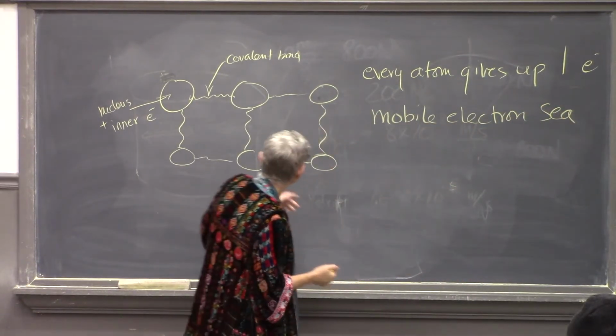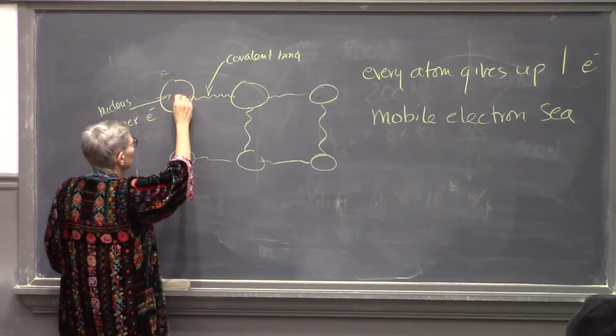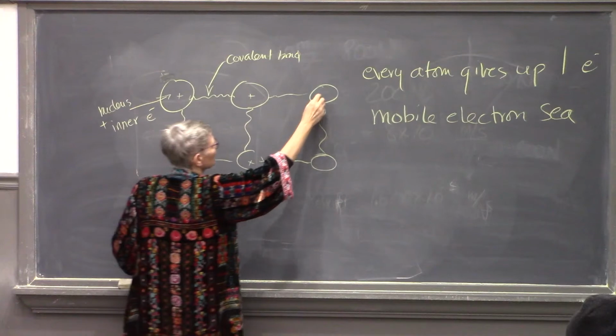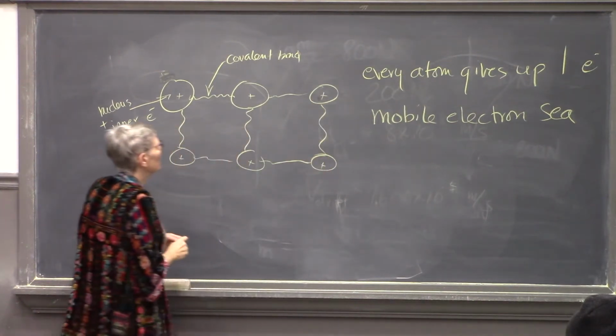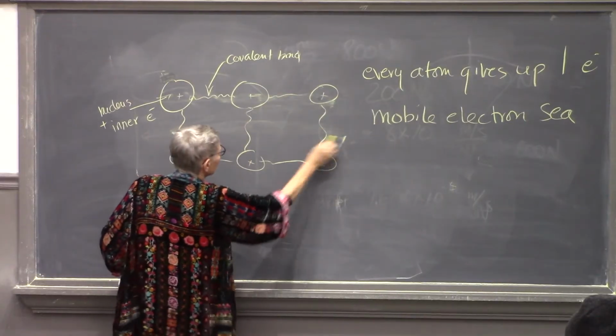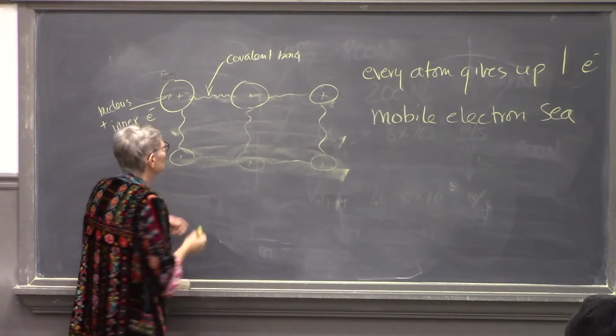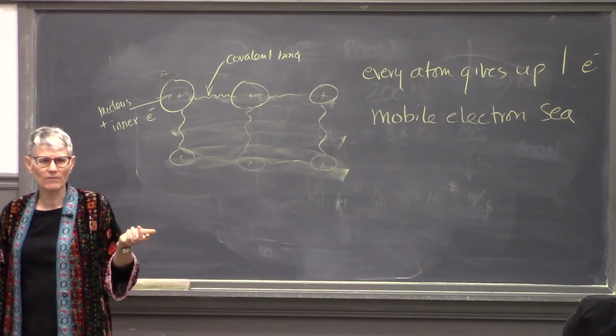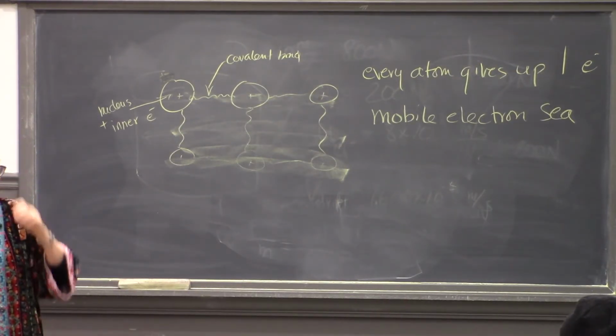Now, what we end up with really is that each of these massive objects has a net positive charge, and then this whole thing is bathed in a sea of electrons, which came from every atom giving up one electron.